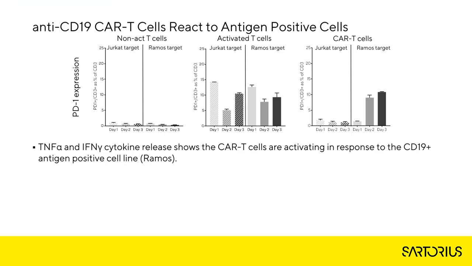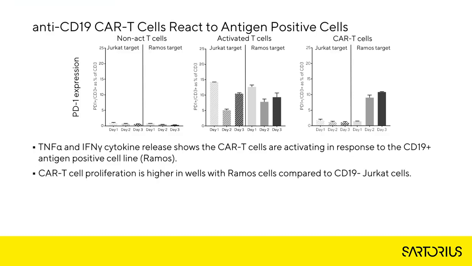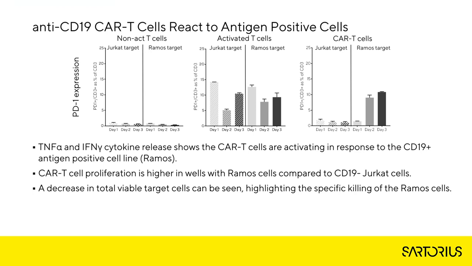In summary, TNF-alpha and interferon gamma cytokine release shows the CAR-T cells are activating in response to the CD19 antigen-positive cell line. CAR-T cell proliferation is higher in wells with Ramos cells compared to CD19 negative Jurkat cells. A decrease in total viable CD19 positive target cells can be seen, highlighting the specific killing of the Ramos cells.